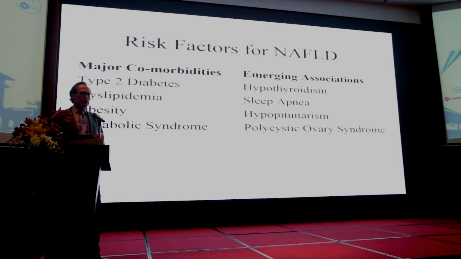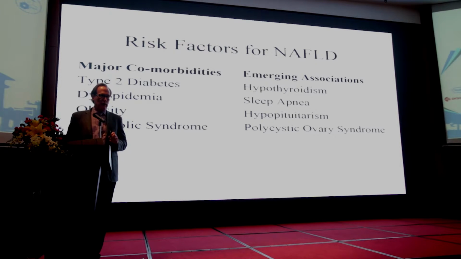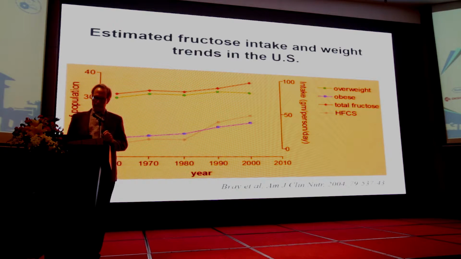The obese patients get sleep apnea, they get reduced sleep quality. We'll talk about that in a research study in a moment. We need to think also in men and women about pituitary function, and in women about polycystic ovary syndrome, and work with your endocrine colleagues.